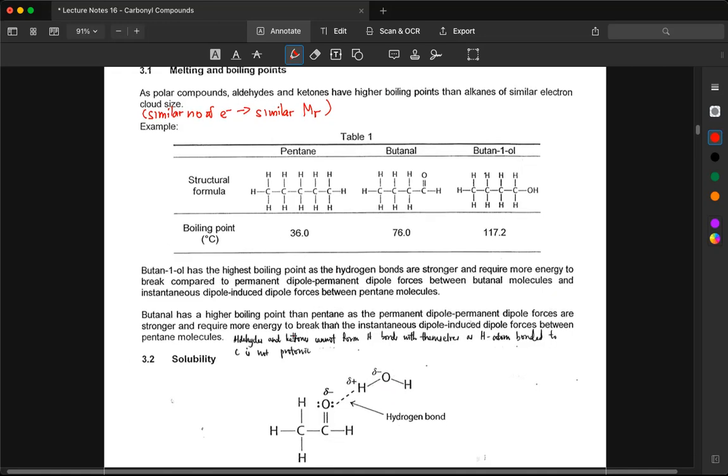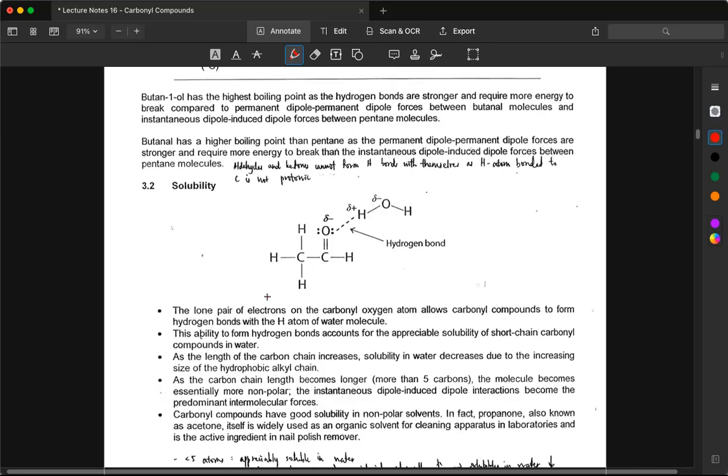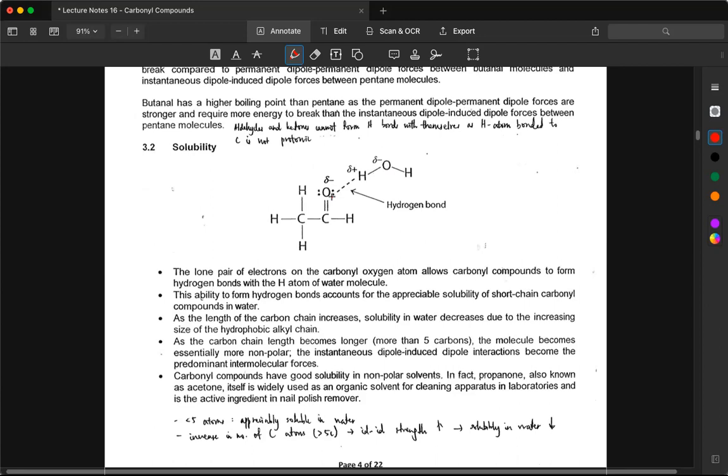Okay. As for solubility, the lone pair of electrons on the carbonyl oxygen atom, if you observe in this structural formula, allows the carbonyl compound to form hydrogen bond with the H atom of the water molecule.